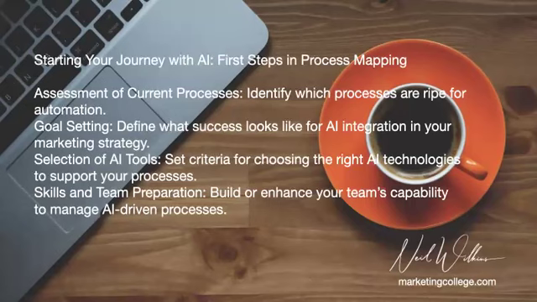Then, and we'll go into this in a bit more detail later, you can then set some criteria based on those decisions for choosing the right AI technologies to support these processes and those little process points that you feel are ripe for automation. And it's also important as well to remember the human in the process mapping.